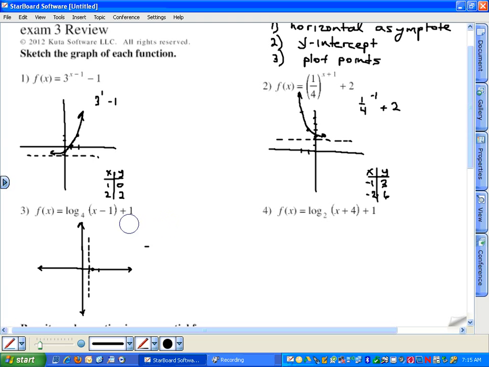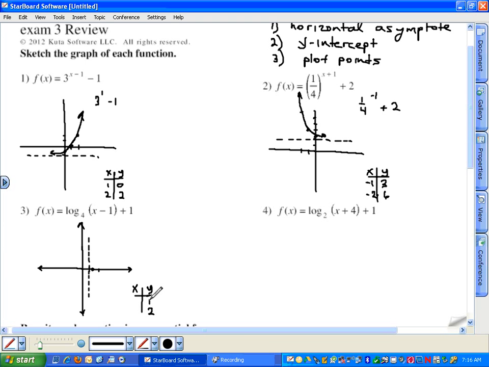Now, we still make an xy chart, but with logarithms specifically, rather than filling in the x column, it'd be easier to fill in the y column and then see what values of x produce those y values.